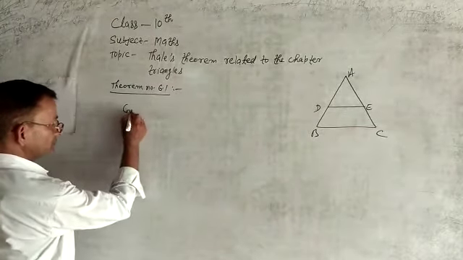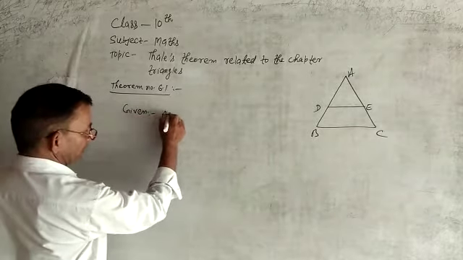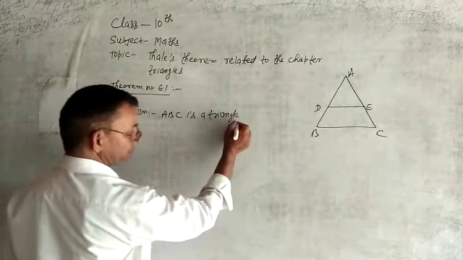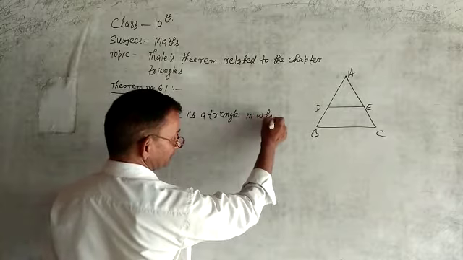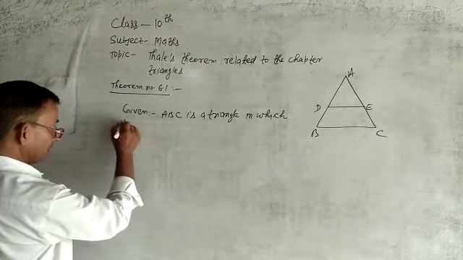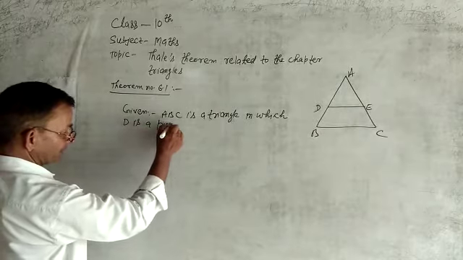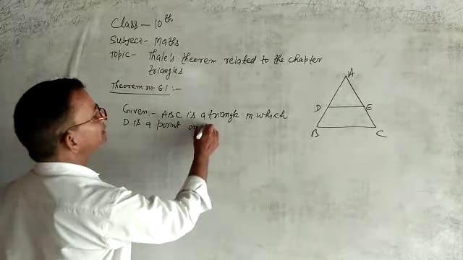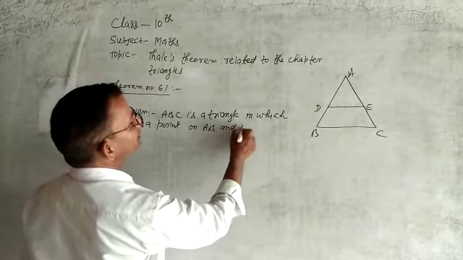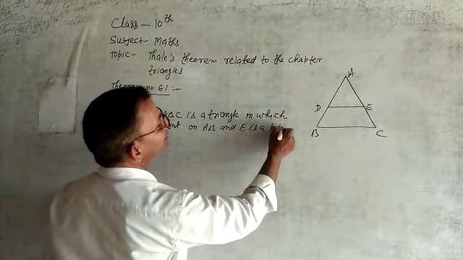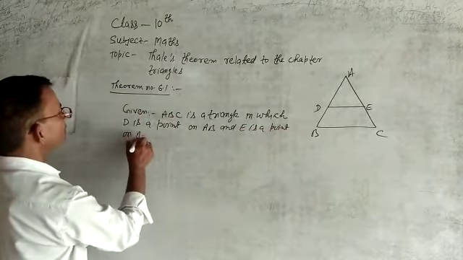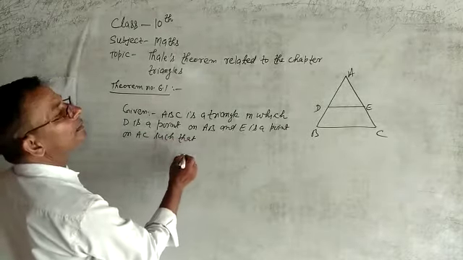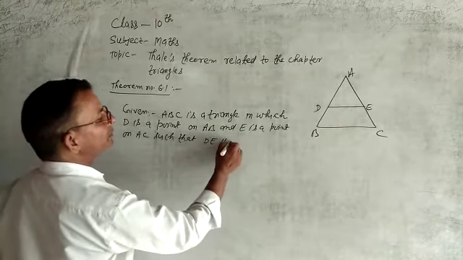Given: ABC is a triangle in which D is a point on AB and E is a point on AC such that DE is parallel to BC.